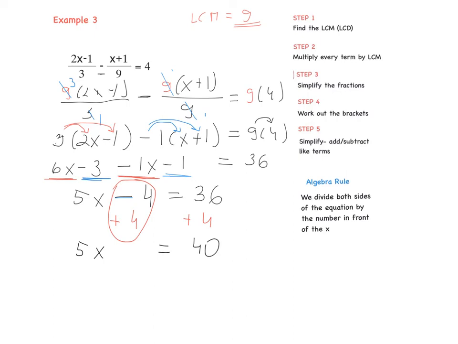Now we need to follow the next algebra rule. We divide both sides of the equation by the number in front of the x, which is 5. Okay, so divide by 5, divide by 5. Cancel out. So x equals 40 by 5, which is 8.